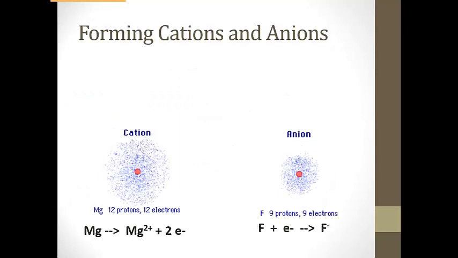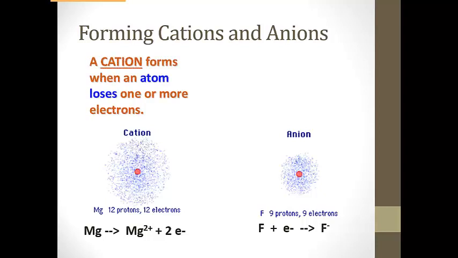Forming these, we have 2 examples here of a cation and then one of an anion. A cation forms when you lose 1 or more electrons. So notice here we started with magnesium, and magnesium is going to lose 2 electrons. And so when it loses those 2 electrons, that means that it now only has 10 electrons and still 12 protons.